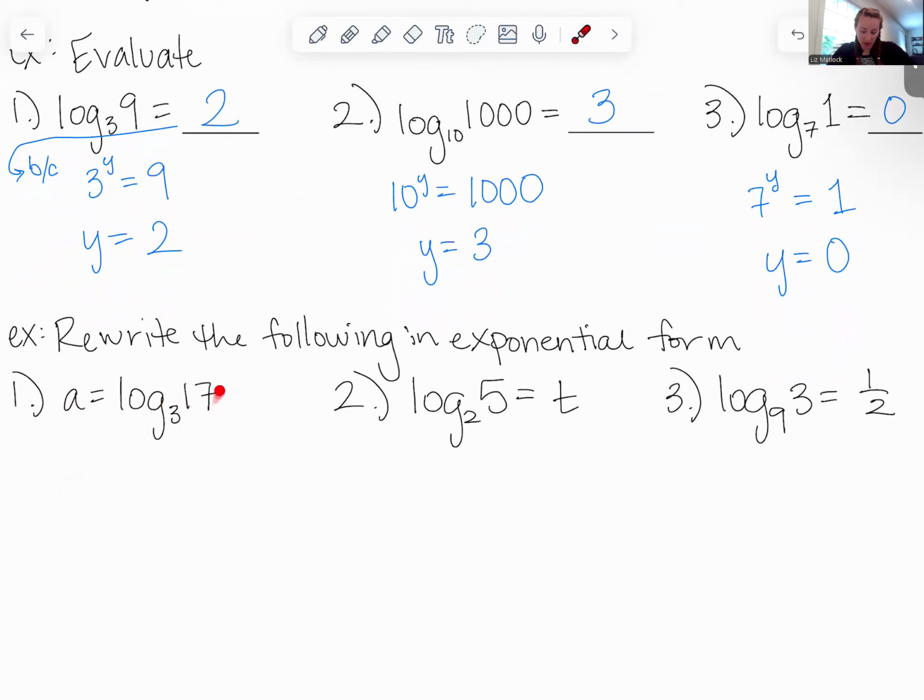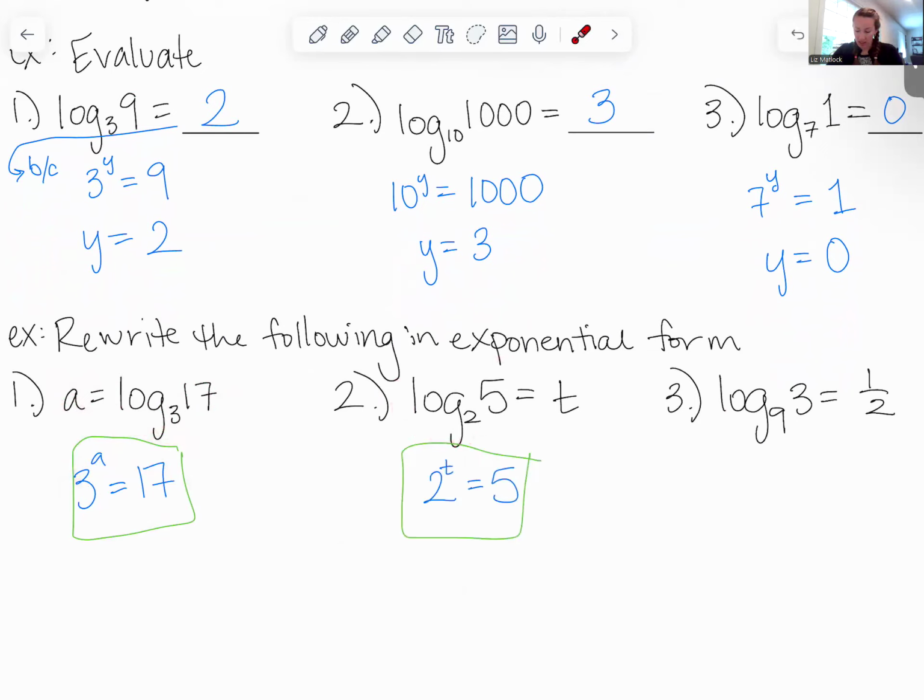And then I think of it as just switching this number with this number and dropping the log. So I get 3 is the base, 3 is the base here. And then I switched the x, the a and the 17. That's how I think of it. And then that's the answer. We're not trying to solve this right now. We're just trying to rewrite the form. This actually is the solution of this equation.